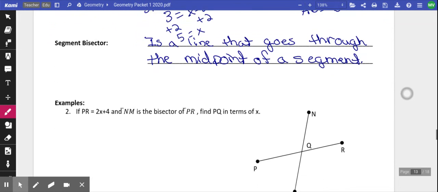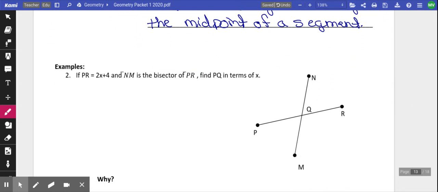So that means down here in my drawing, where it says NM is the bisector of PR, NM goes through PR, and it means that PQ is congruent to QR. That means PQ equals QR.